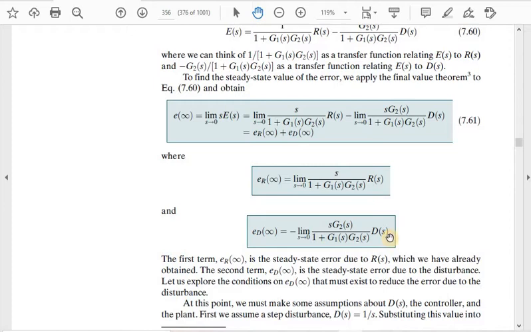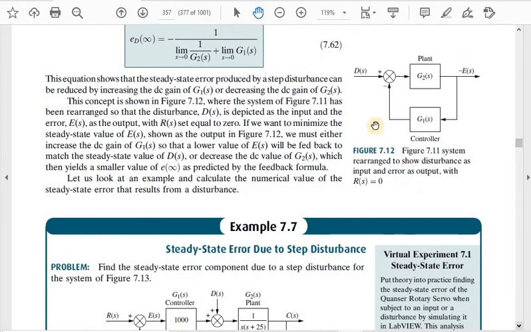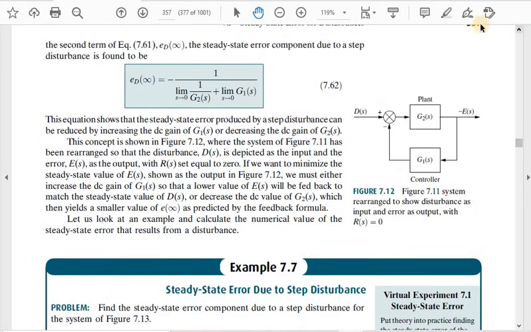So if we substitute here, the 1 by s will cancel out. So we are left with this formula that gives us the steady state error component due to step disturbance. So this is the way we can represent or look at the steady state error due to step disturbances.